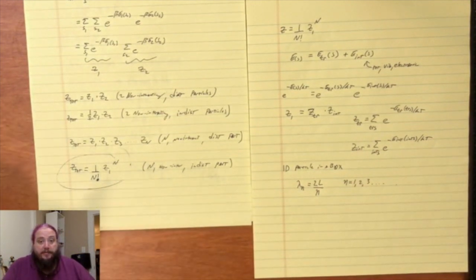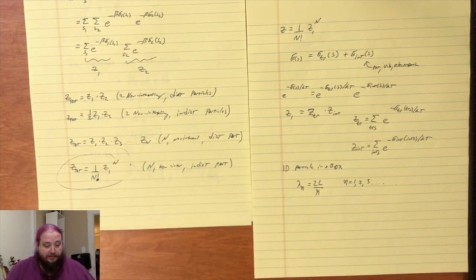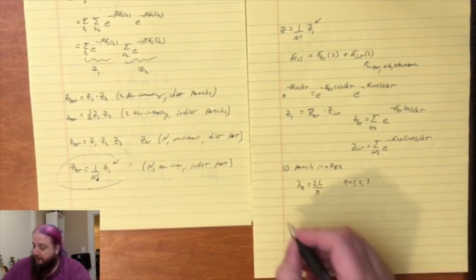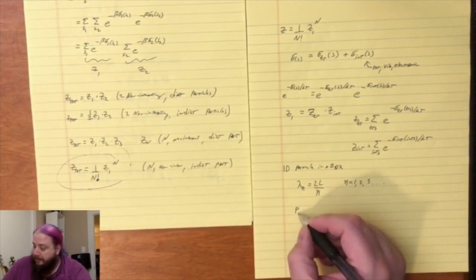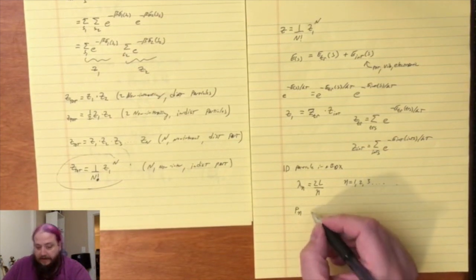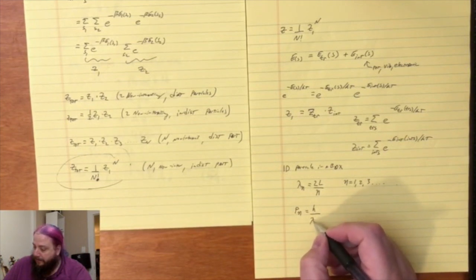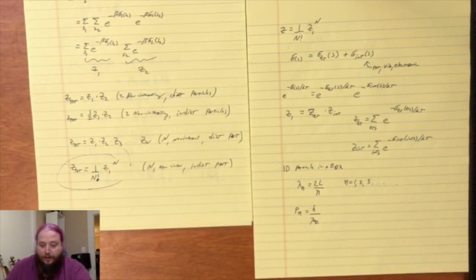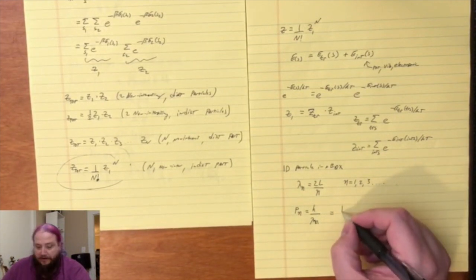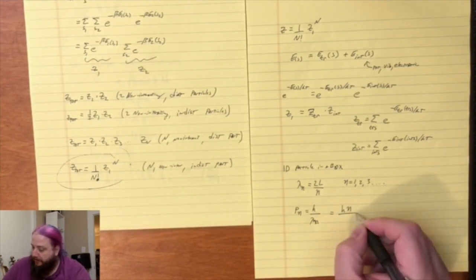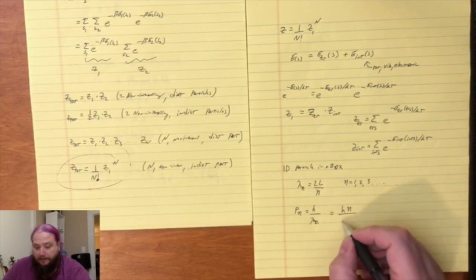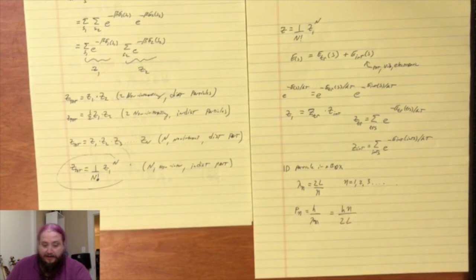Now, standing waves can be interpreted as a superposition of traveling waves traveling in opposite directions, with a momentum given by the de Broglie relationship, that the momentum for each n state is Planck's constant divided by our standing wavelength. In other words, Planck's constant times our quantum number n over twice the length.